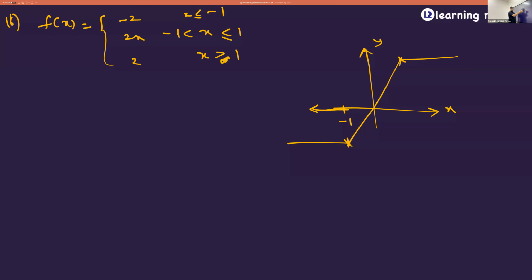It is parallel to x-axis, so 0. What is the slope of this? 0. What is the slope of this? 2. Y is equal to mx, m is 2. So slope is 0, 2, and 0. That is why it is not differentiable. Clear with this? Okay.